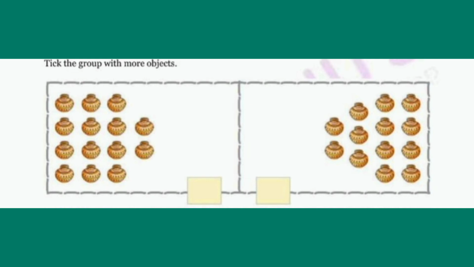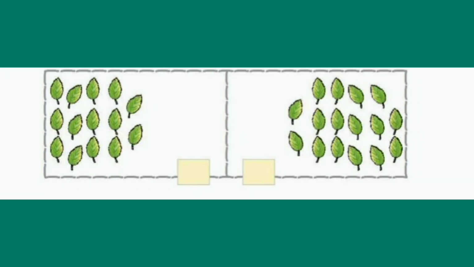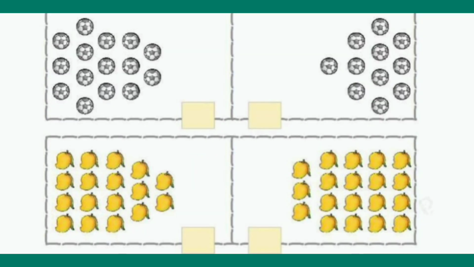So which group is more? Yes, the left hand side group is more than the right hand side. Same you will do in the next 3 also. Leaves, footballs and mangoes. I hope that you all are able to do this on your own.